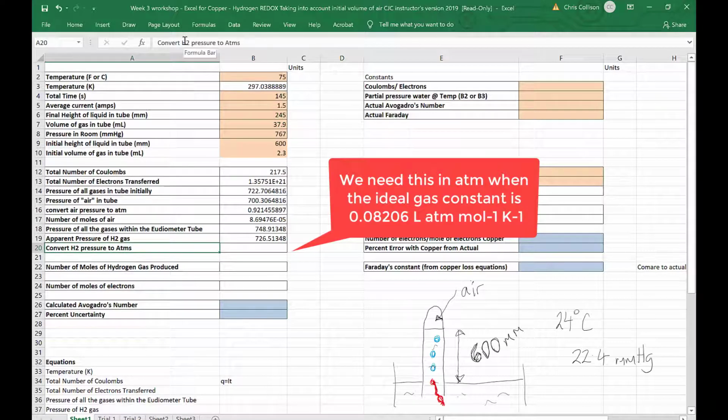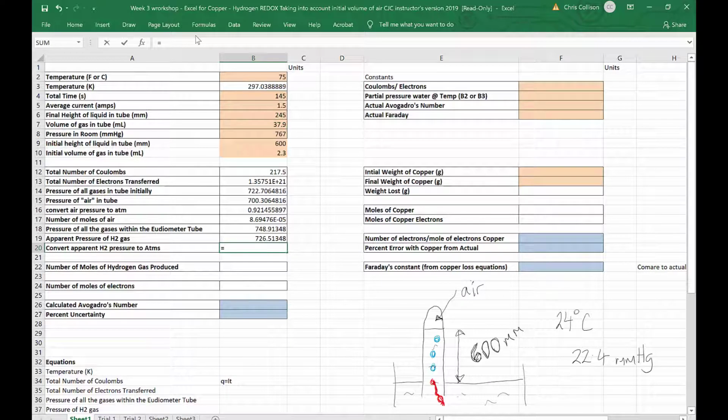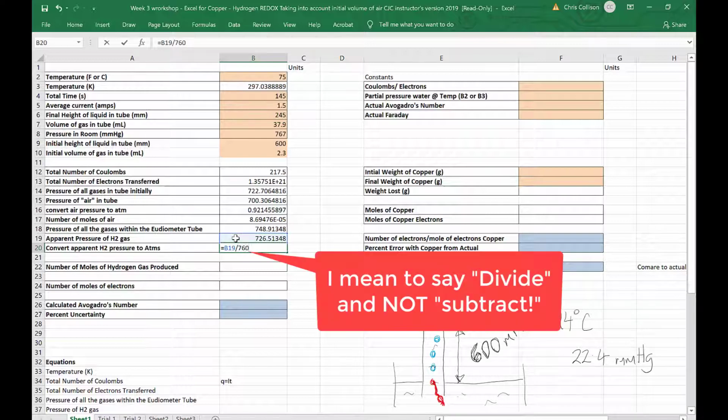So again, I'm going to say the apparent H2 pressure into atmospheres. And we can easily do that again by remembering that 1 atmosphere is equal to 760 millimeters of mercury. So we'll take the value from B19 and divide it by 760. Lo and behold, we have our pressure in atmospheres.